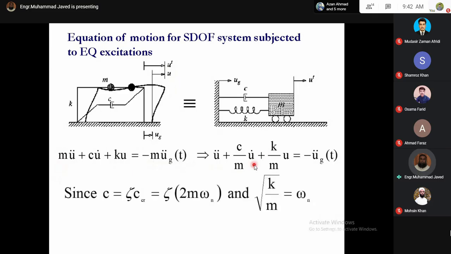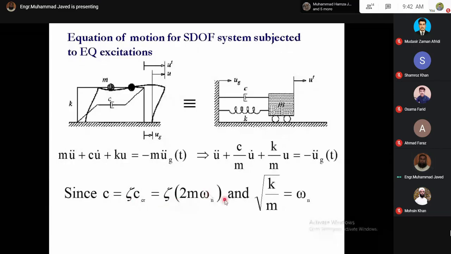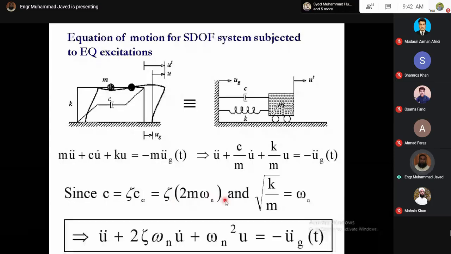Now, since zeta is equal to C by CCR, or C equals zeta into CCR, and CCR is 2m omega n, we can substitute these values in this equation and finally we get this equation.